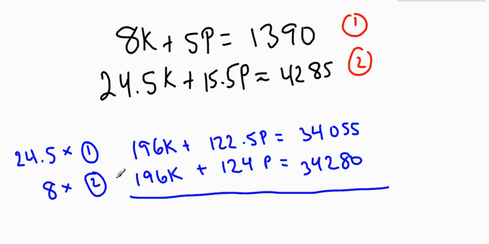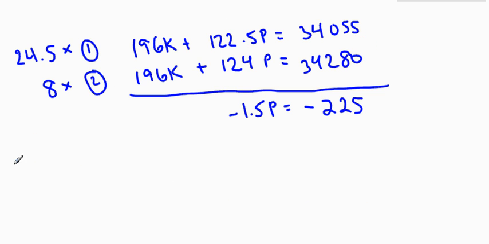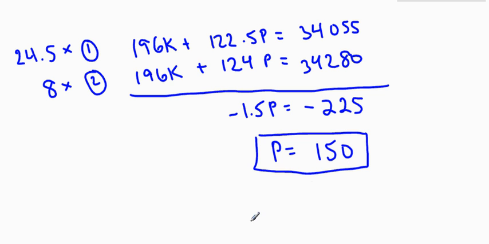So if I subtract, I'll be eliminating. 196K minus 196K, eliminated. 122.5, so I have negative 1.5P, and hopefully I get a negative over here. 34,280 and so on. So I get negative 225. And then divide both sides by negative 1.5, and I get a value for P of 150. Yay!